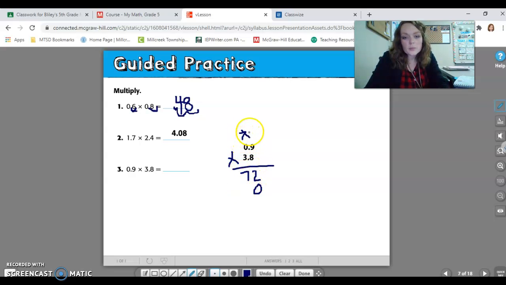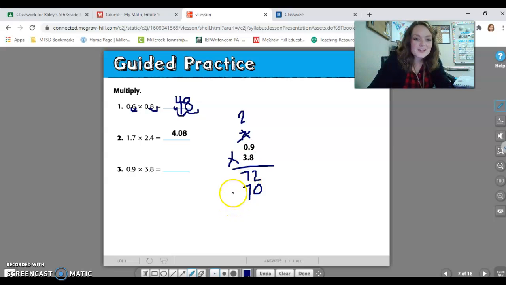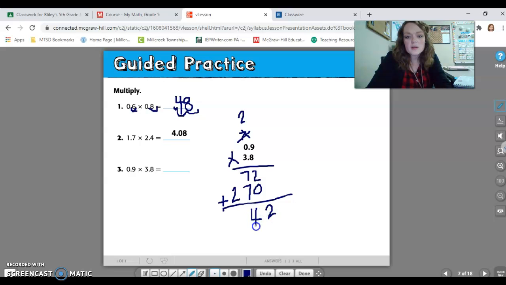I'm going to put my 7 below and carry my 2. 3 times 0 is 0, plus 2 more is 2. Mrs. Wiley's getting ahead of herself, I'm sorry. Add. 2 plus 0 is 2, 7 plus 7 is 14. Carry my 1, 1 plus 2 is 3.